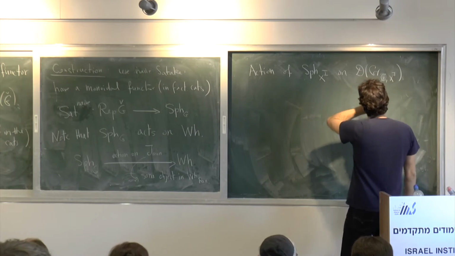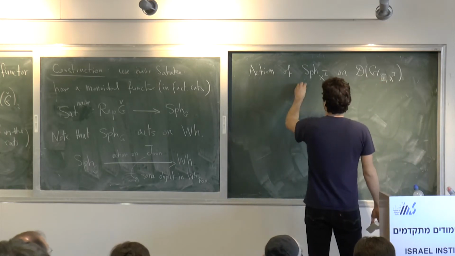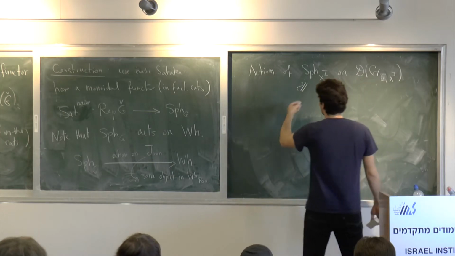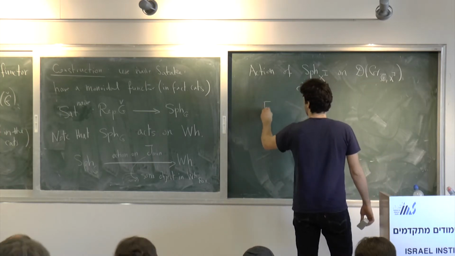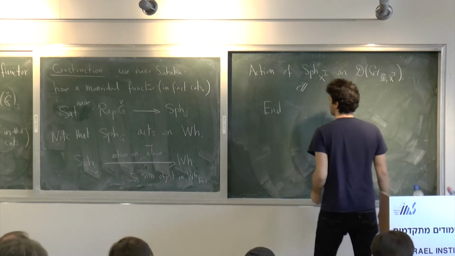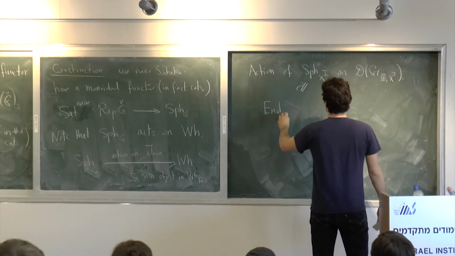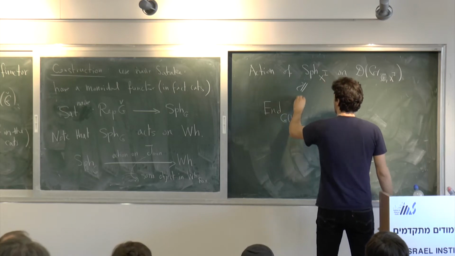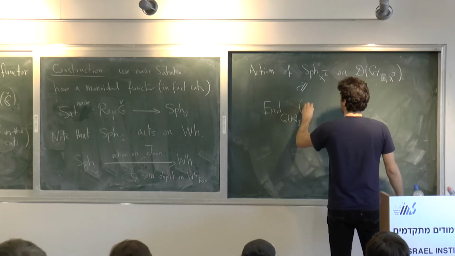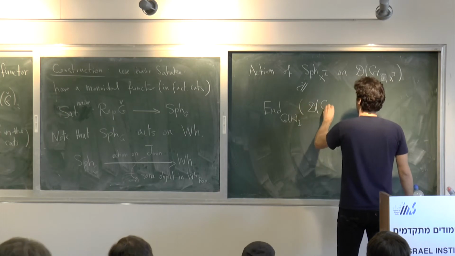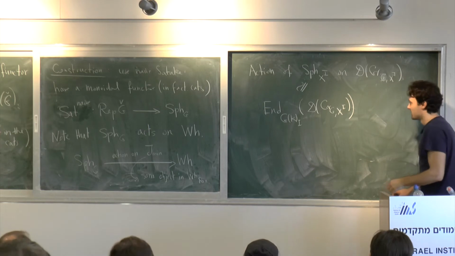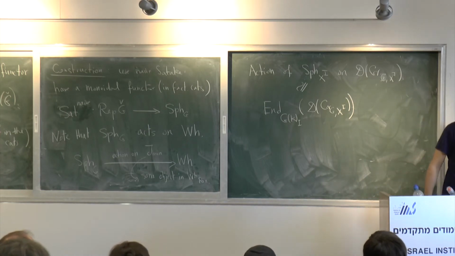But another cheap way to say it is that you can write spherical as an endomorphism category: the category of endomorphisms that are G(K)-linear in D-modules on the Grassmannian. It's also explained in Dennis' notes.